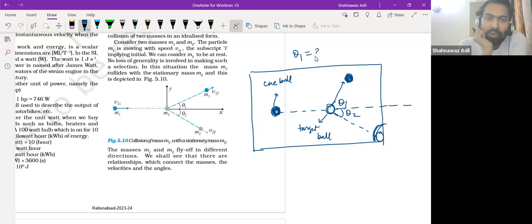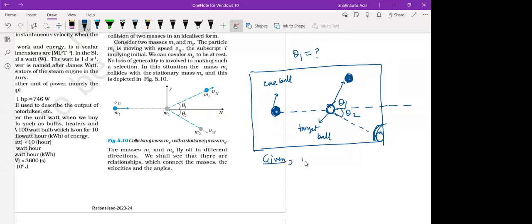Without doing all these lengthy calculations, you know that the masses are equal. So what are the given things? It is given that M1 is equal to M2.